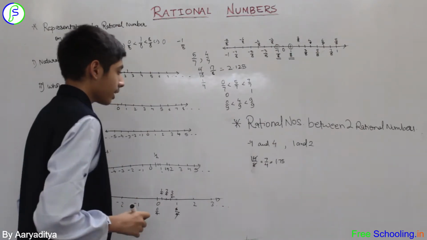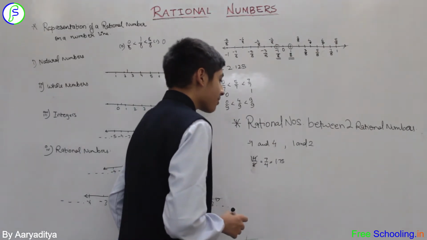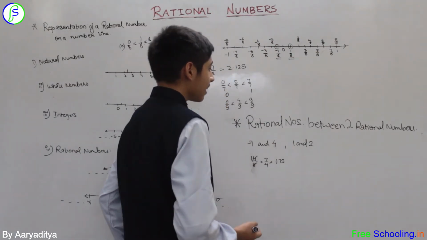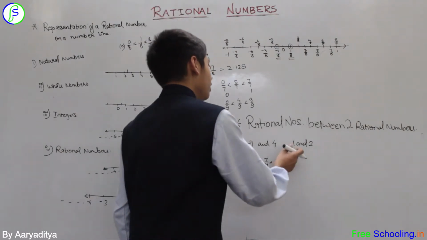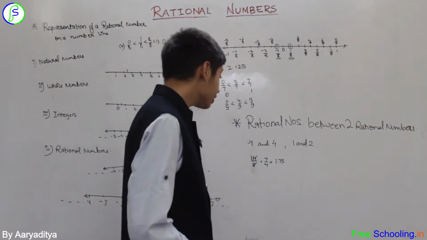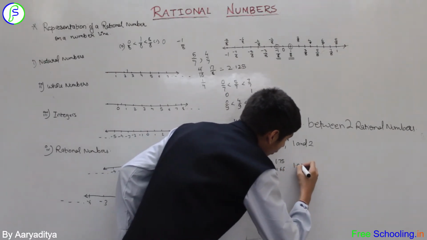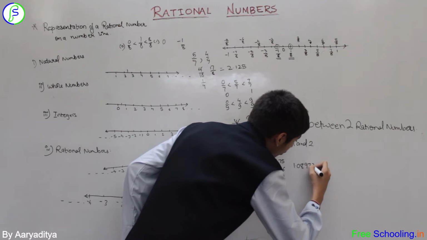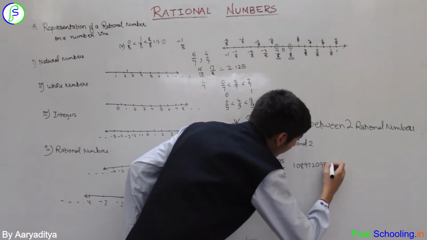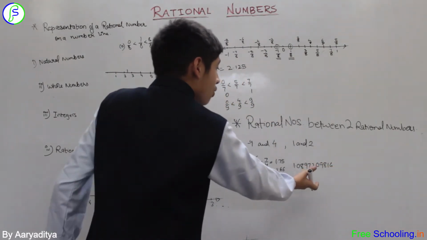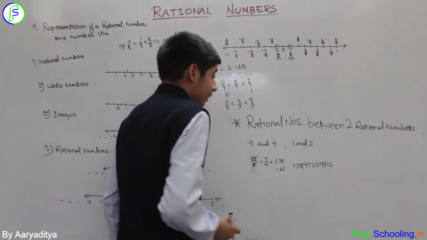Similarly, I can take many numbers. As you can see, there are infinite decimals between 1 and 2. That implies that there are infinite fractions, because I can take 1.662 and I can take 1.08972099816. That is a rational number too, and that does lie between 1 and 2.